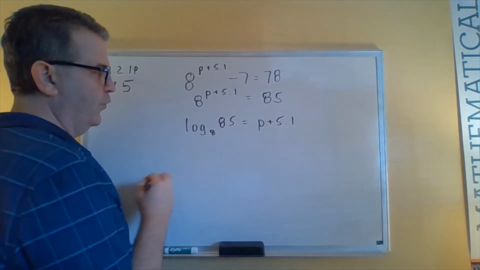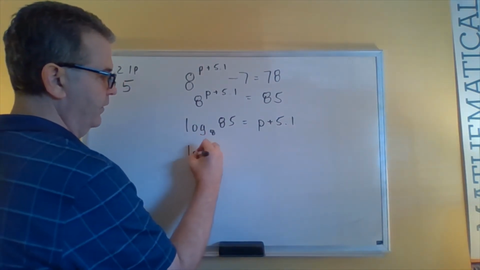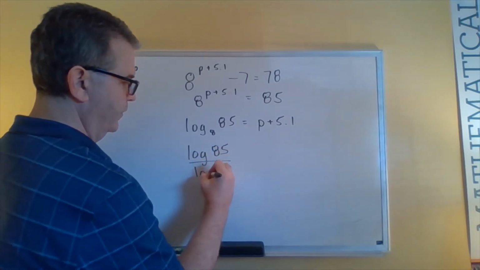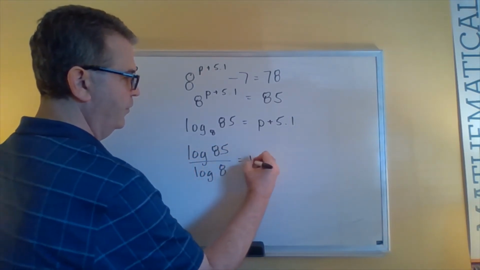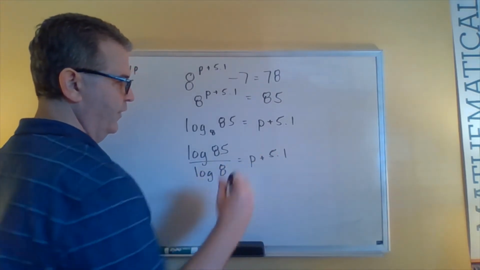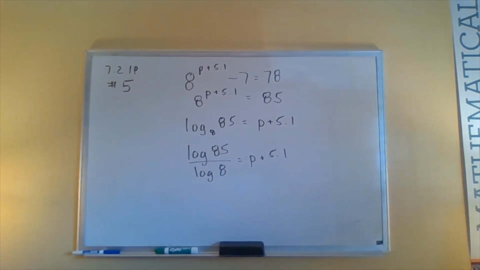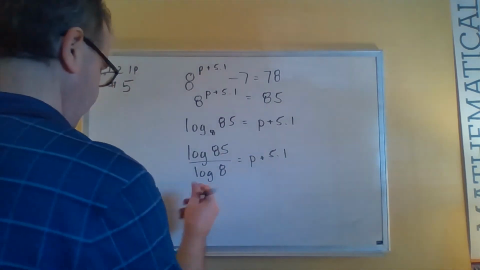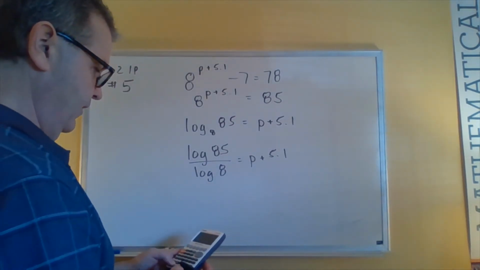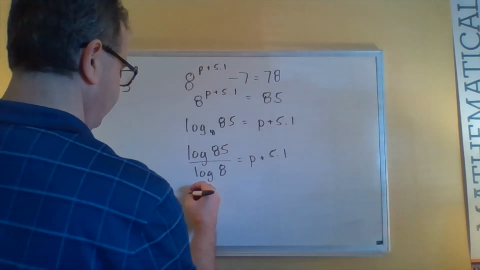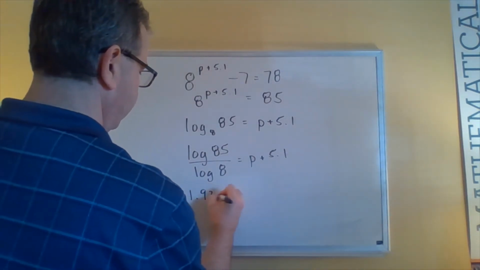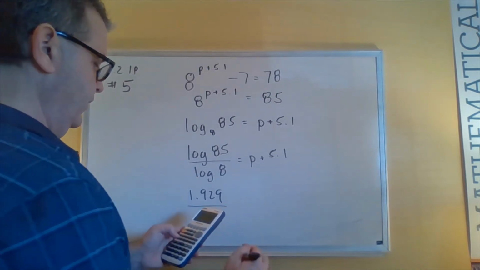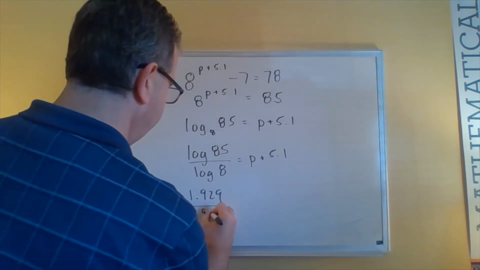Use change of base formula over here on the left. I'll get the log of 85 over the log of 8 equals p plus 5.1. Let me grab my calculator here. We'll figure out the numbers on the left. The log of 85 is 1.929. The log of 8 is 0.903.